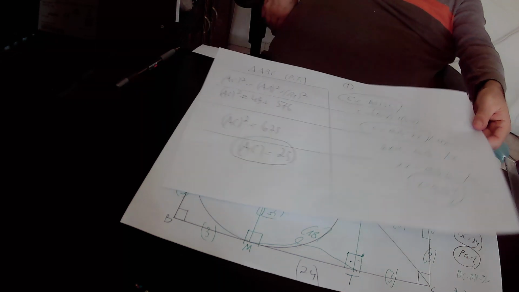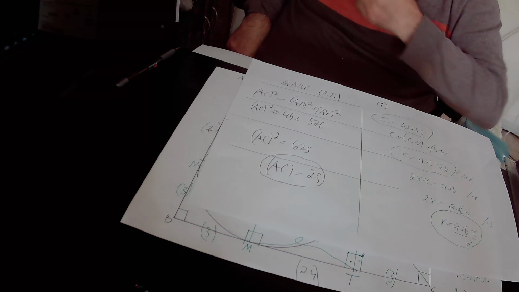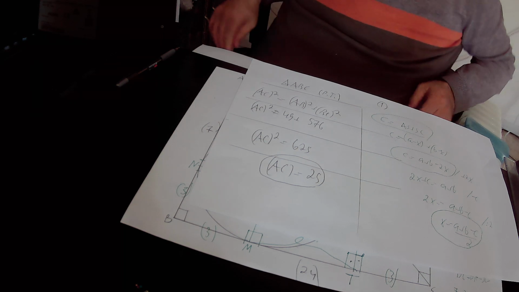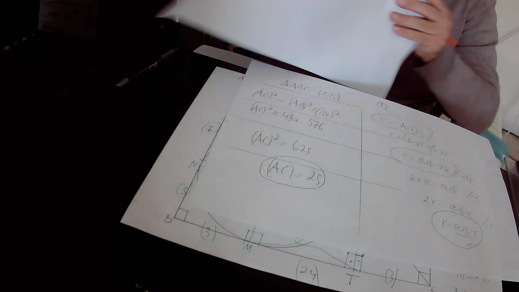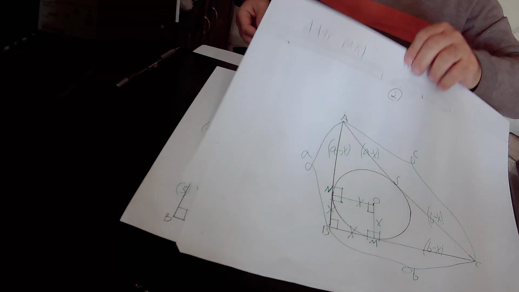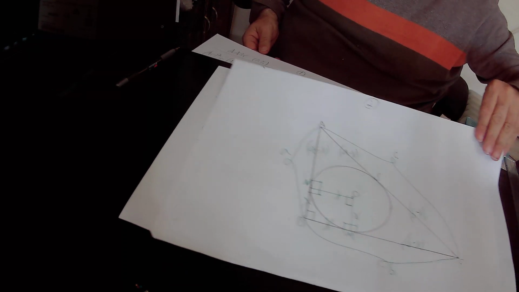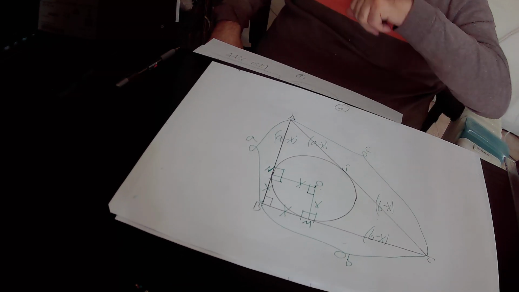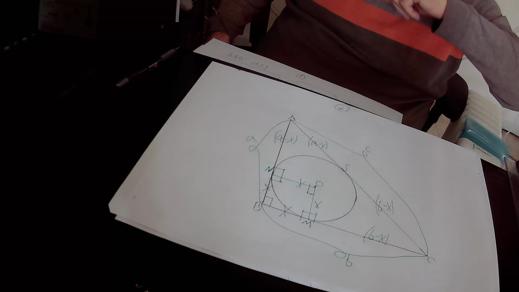Okay, so in the next step, I present a new formula. Actually, we have here this circle that is enclosed by the right triangle ABC.